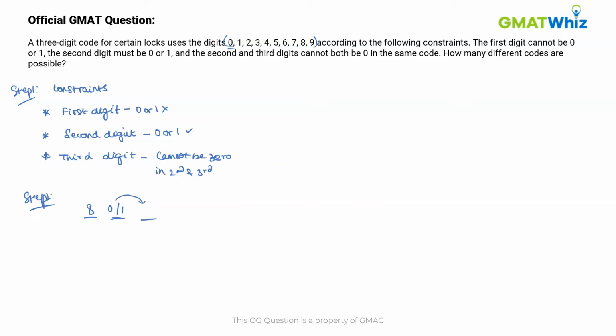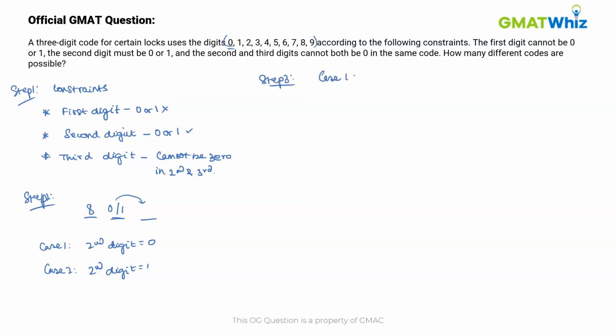From this you should be able to infer that it is essential to break this into 2 cases. Case 1 will be when the second digit is equal to 0, and case 2 will be when the second digit is equal to 1. So let's proceed and solve these cases in step 3.